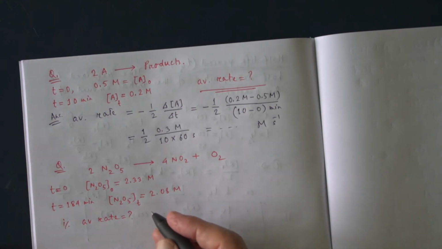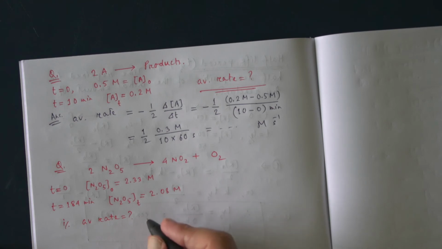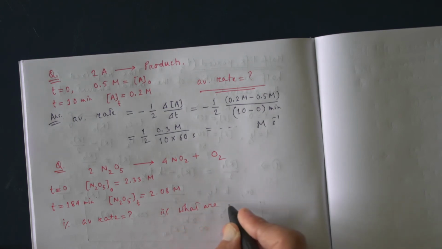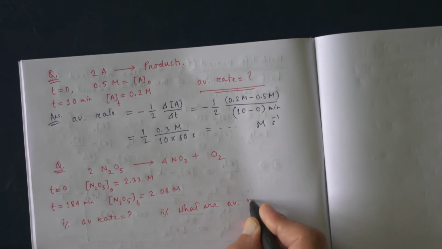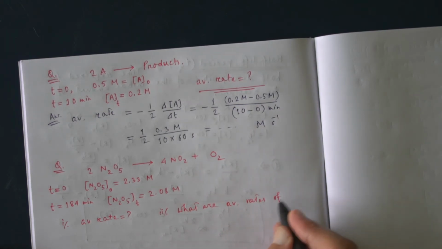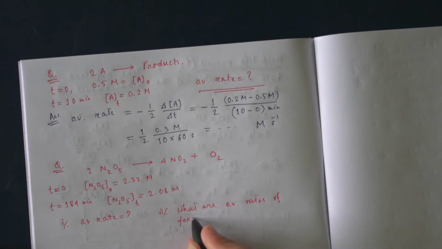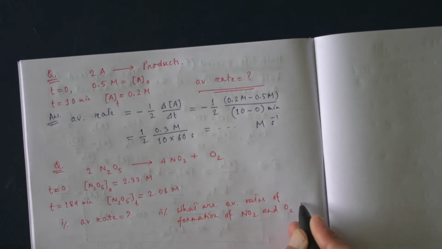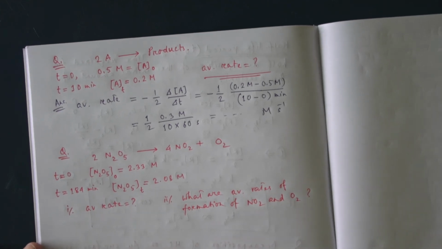That means then what is second? What are average rates of formation of NO2 and O2. So these are the two questions.